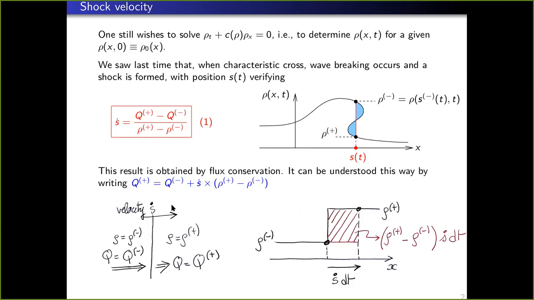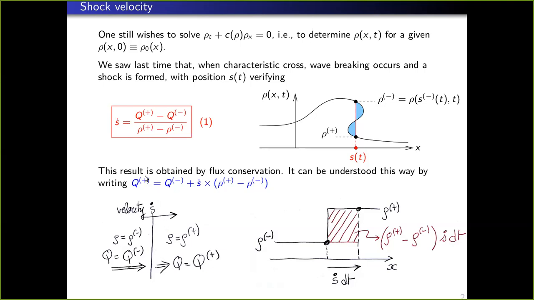So just look at this picture. You have an interface that moves at velocity s dot, and at the left you have density ρ minus and flux q minus, and at the right everything is with superscript plus. So here, for instance, ρ minus and ρ plus. And the velocity of the shock is there.